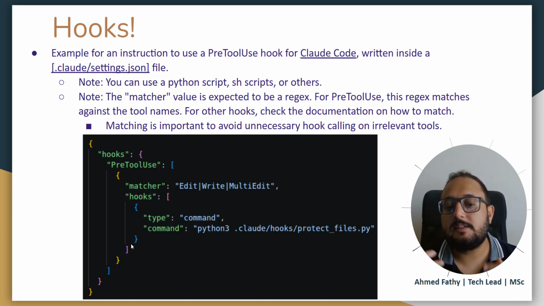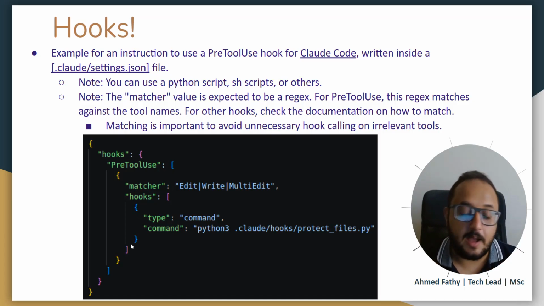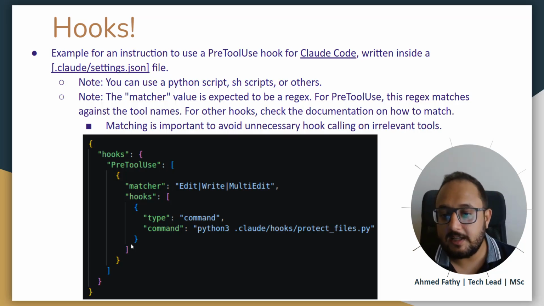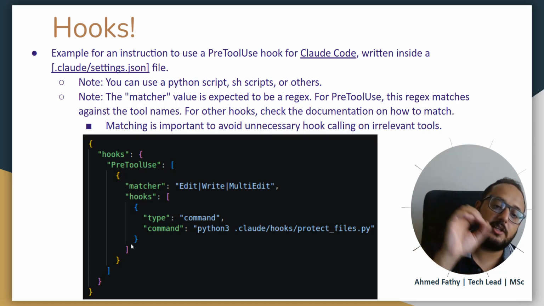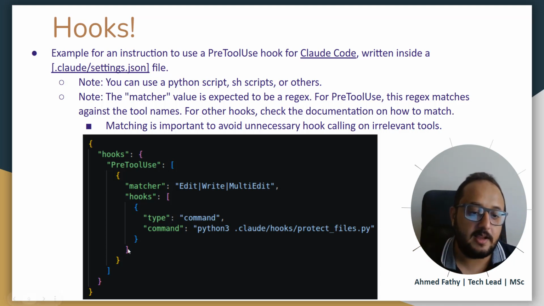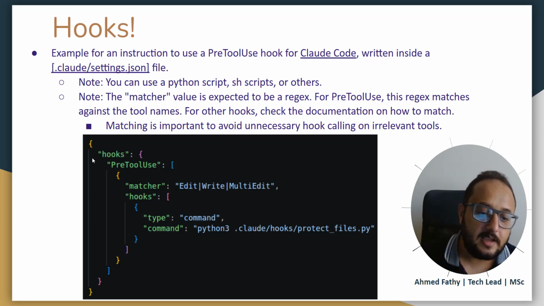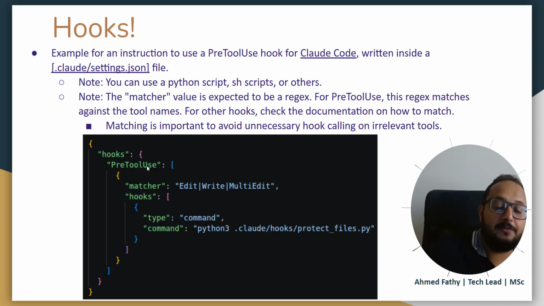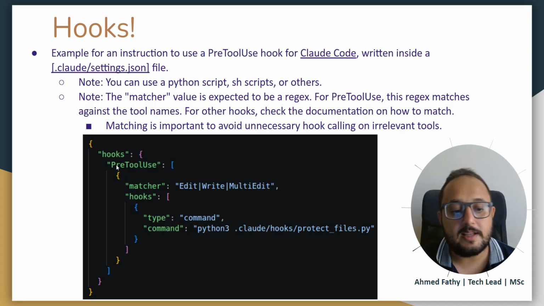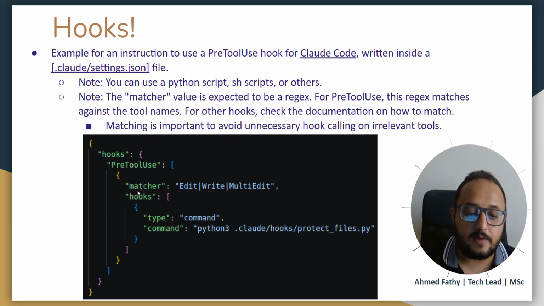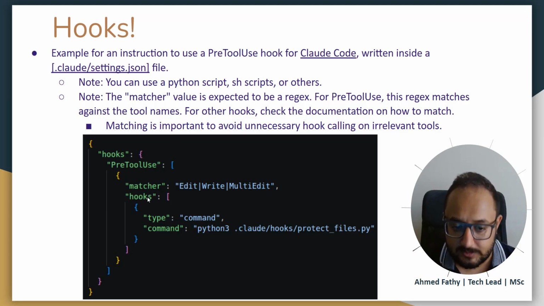An example of an instruction to use a pre-tool use hook for Claude Code, written inside the .claude/settings.json file, would be like the following. This settings.json file is an important file where you can define some configurations, and we will talk about different versions of this file. Here you have this object, and then you have the hooks key, and then for every one of those events that we talked about in the table, you can say pre-tool use, and then you have a matcher for the actual tools where you would like to run those hooks, right?